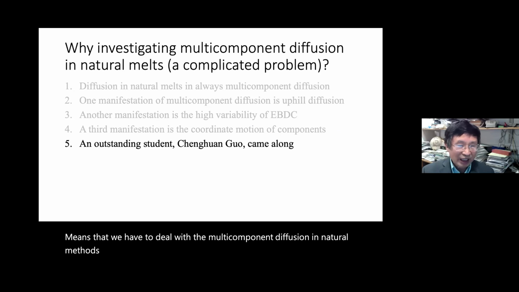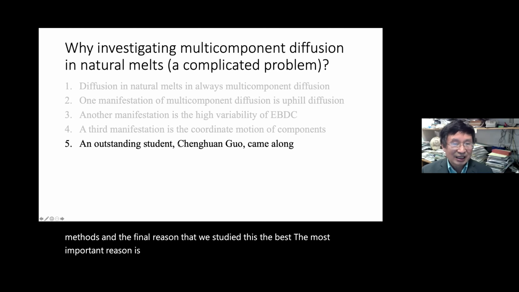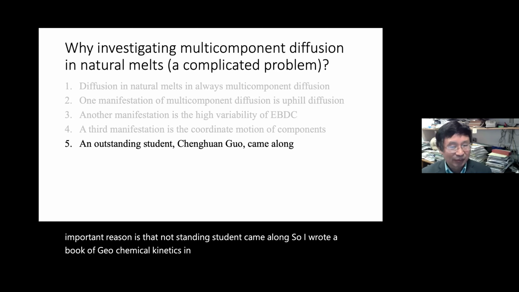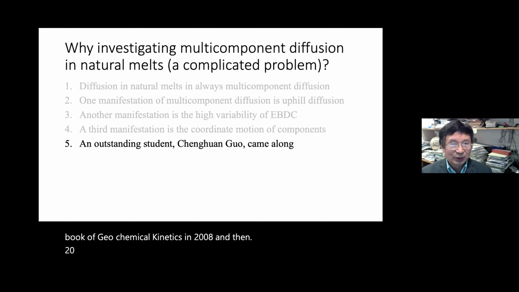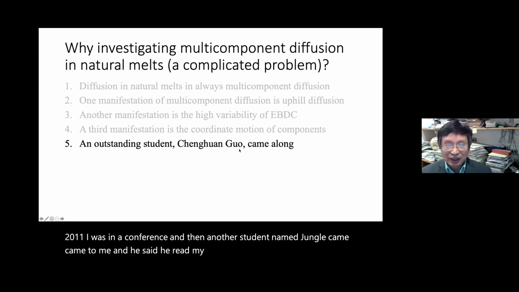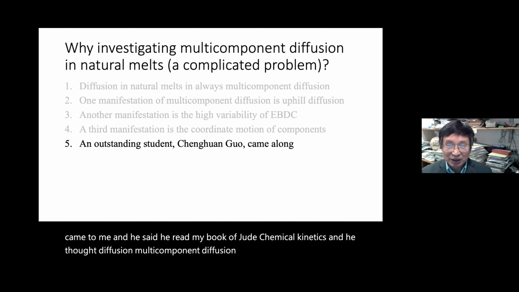And the final reason that we studied this, the most important reason, is that an outstanding student came along. I wrote a book, Geochemical Kinetics, in 2008. And in 2011, I was at a conference, and an undergraduate student named Zhengyuan Guo came to me and said he had read my book and thought multi-component diffusion is a very interesting problem.